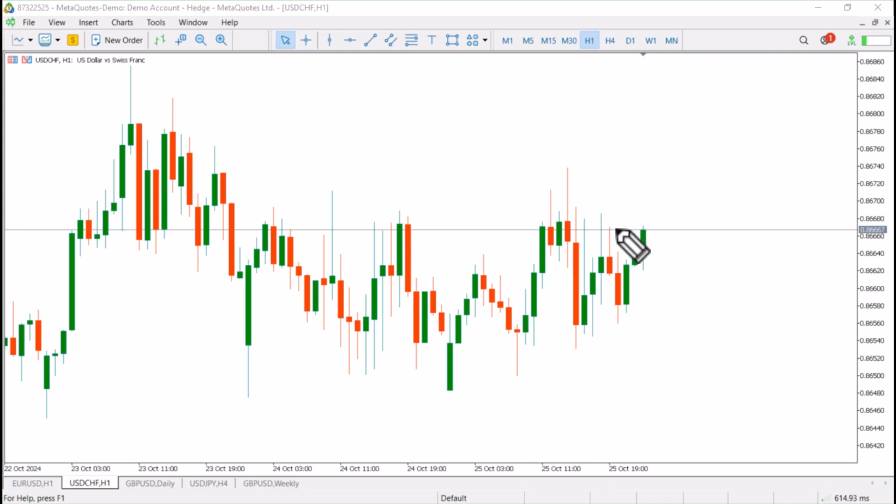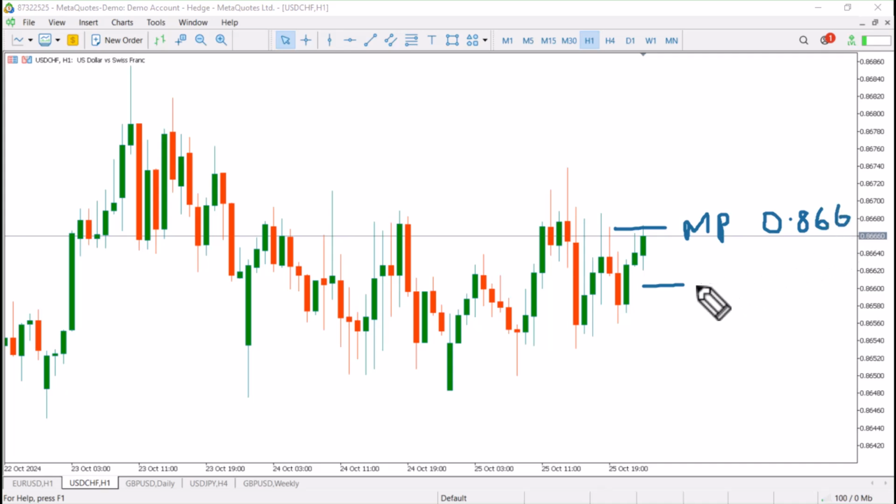Let's say for instance, as the market is trading at this level, you prefer to sell at a lower price. Let's wipe out. Okay, the price is trading at 0.866. So instead of selling at 0.866, you prefer to sell it at a much cheaper price.